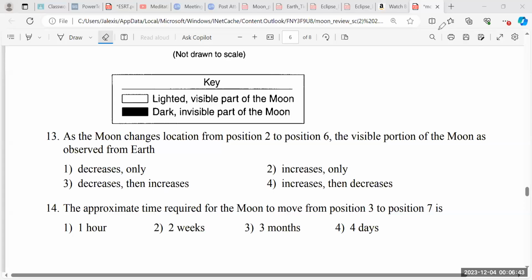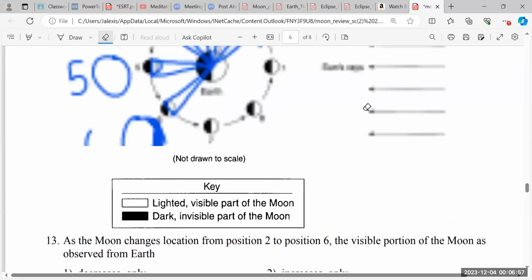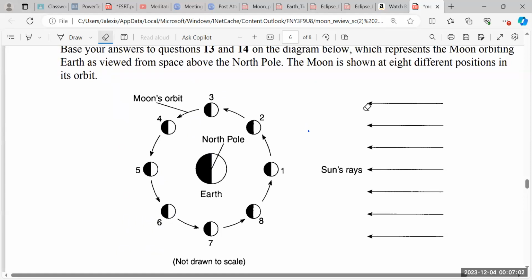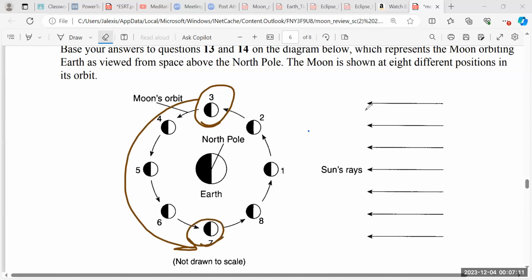All right, number 14. Number 14 says the approximate time required for the moon to move from position 3 to position 7 is what? All right, so let's take a stroll down memory lane. How long does it take to go from position 3 to travel to position 7?